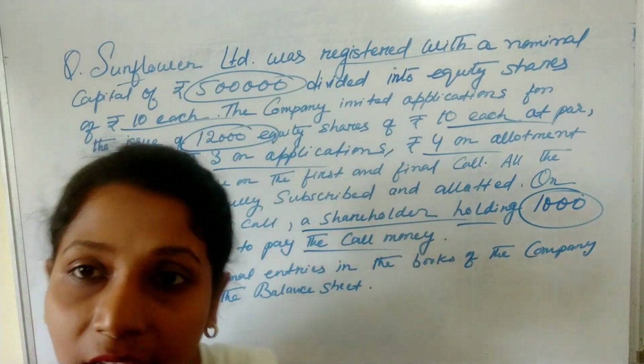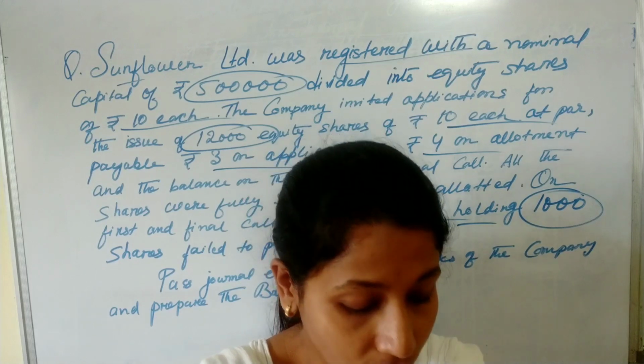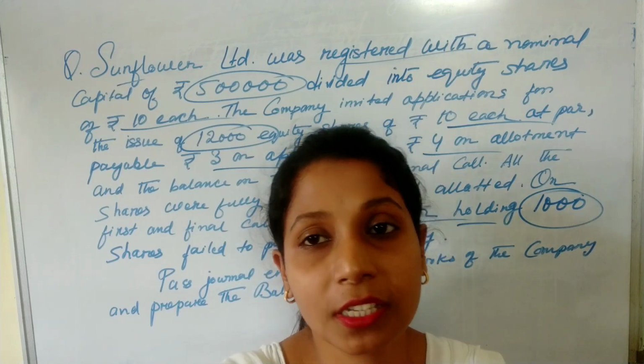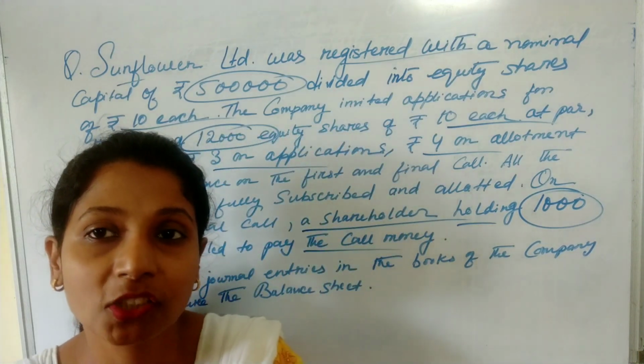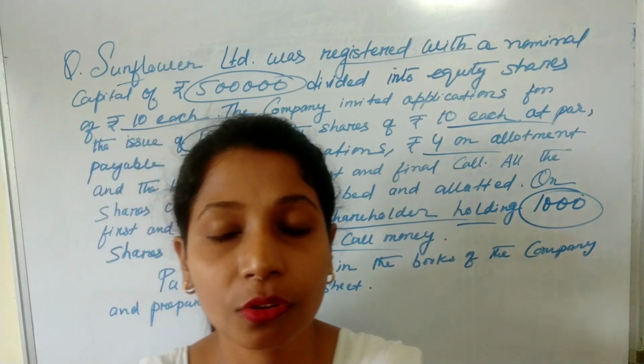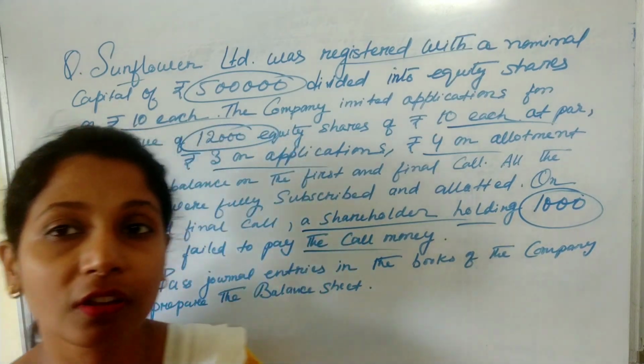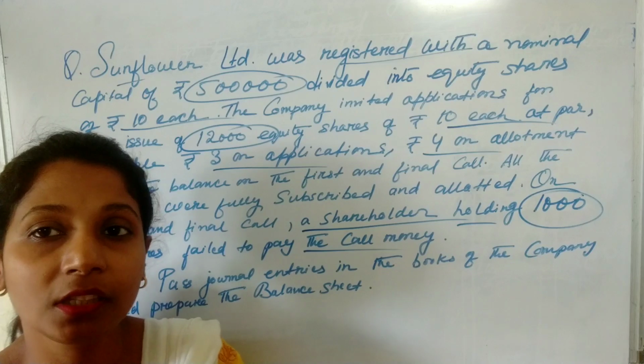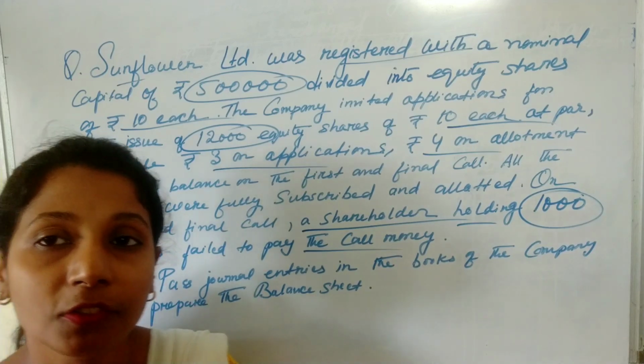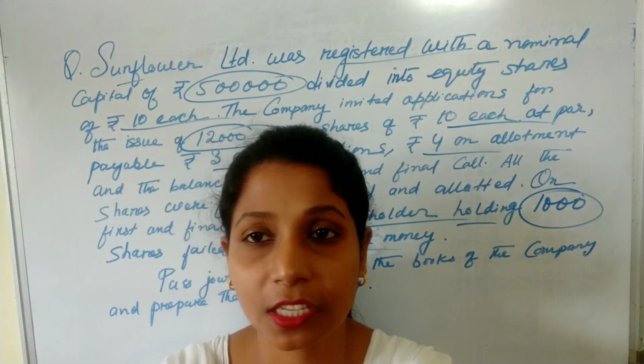Interest on calls in arrears is not written. If it is not mentioned in the question, then just ignore it. No need to give interest on calls in arrears. If it is mentioned in the question, then you will give it.